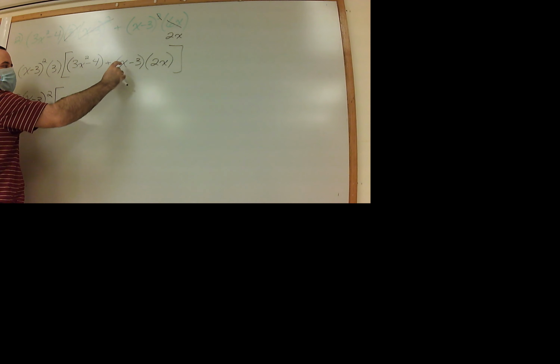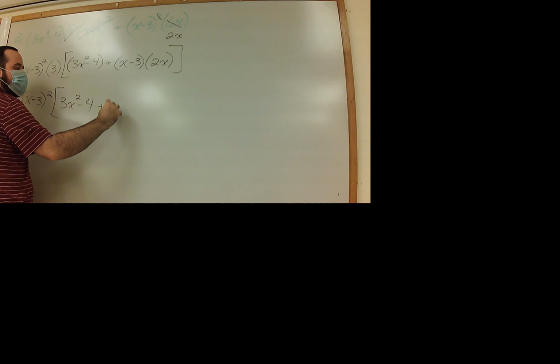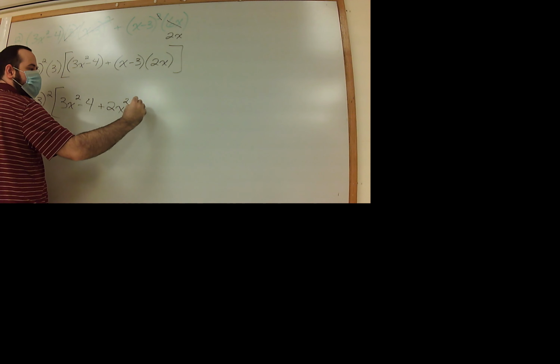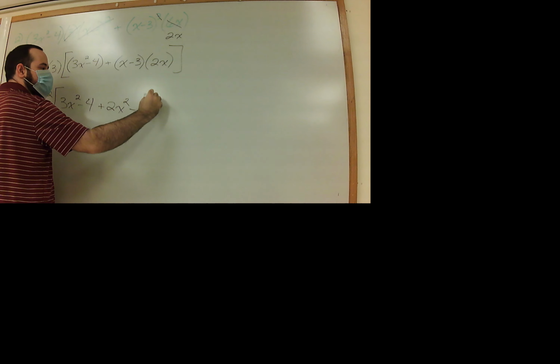And then in here we got 3x squared minus 4. We distribute 2x times x, 2x squared. 2x times negative 3 is negative 6x. And then nothing too remarkable happens here. We combine like terms.